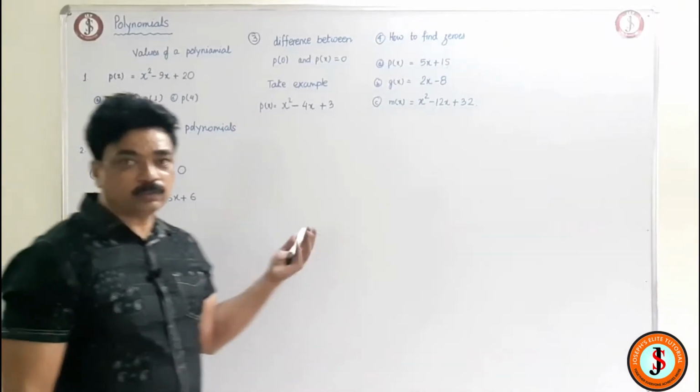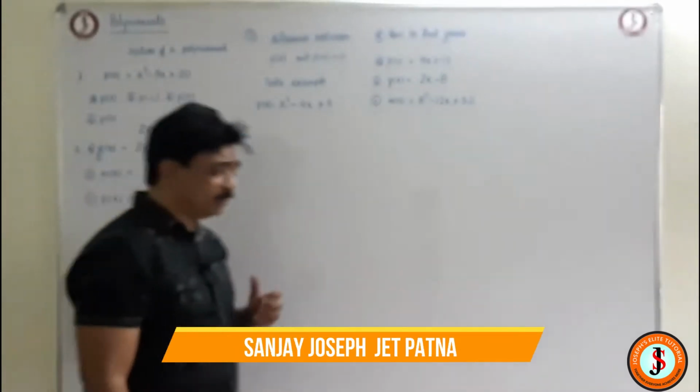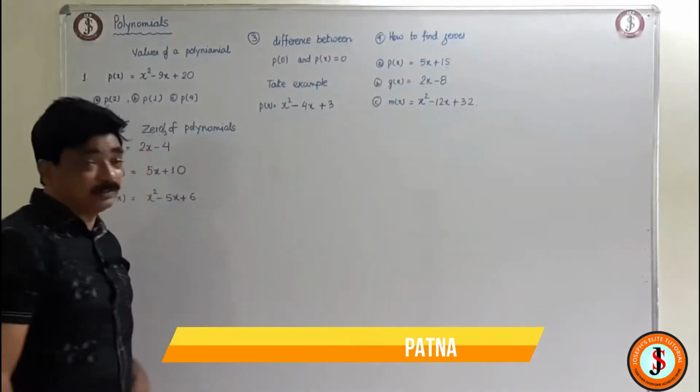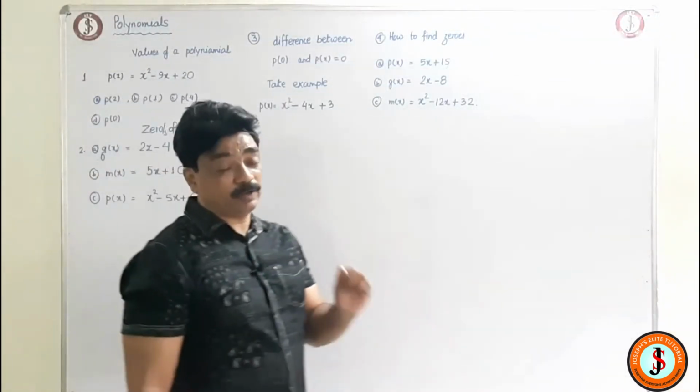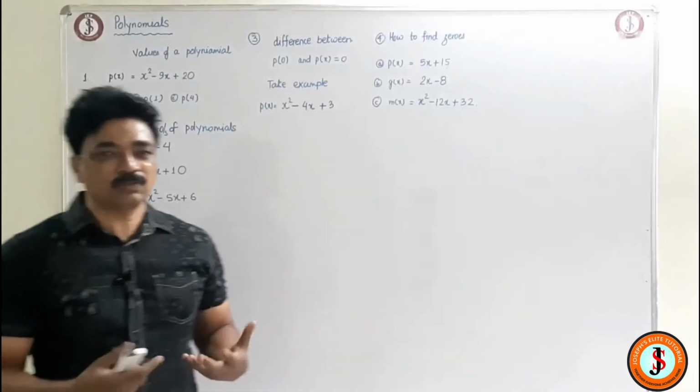So in continuation of the previous video, children, now let us try to understand. Suppose we have a polynomial in which a variable is x. So we write that this is a function of x. That means the value of x square minus 9x plus 20 depends on the value of x. So we can get different values, that is why x is called a variable.